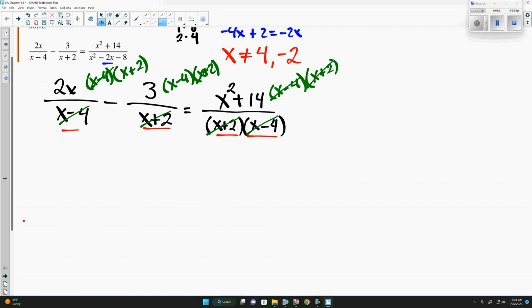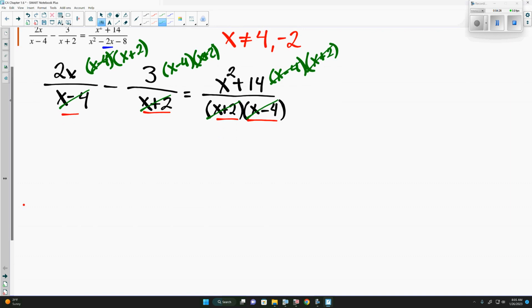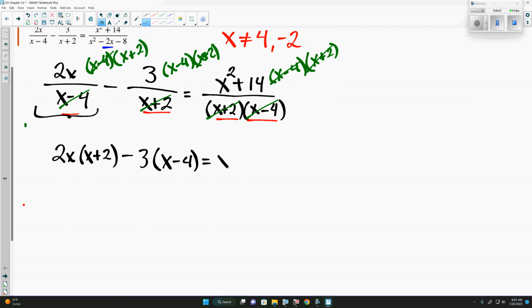So we're really just multiplying everything by the denominators to get them to cancel. And if we look at each individual term now, the first term, 2x, is going to be multiplied by x plus 2, because that's what's left over, it didn't cancel out. Minus 3 times x minus 4 is equal to x squared plus 14.